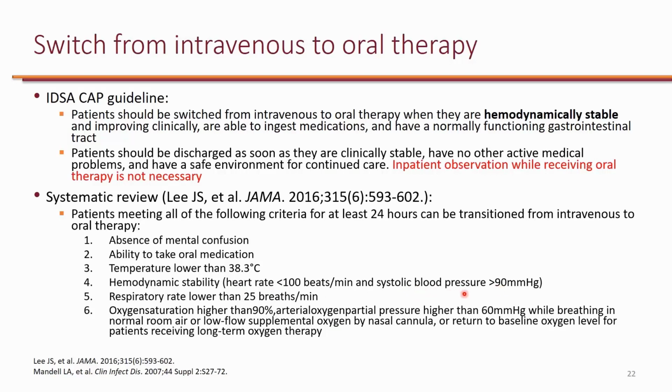This is without using pressors, so without using norepinephrine, the blood pressure should be greater than 90. Another criterion is respiratory rate lower than 25 and oxygen saturation higher than 90%.